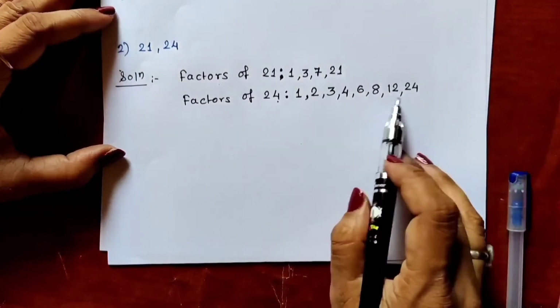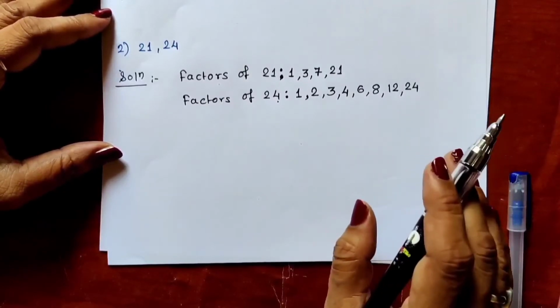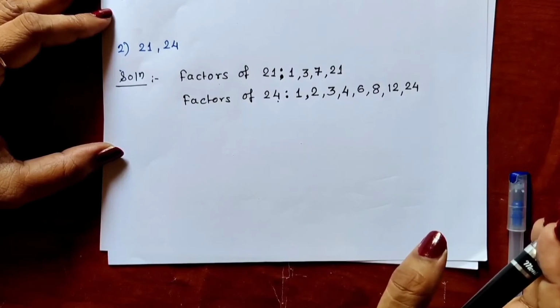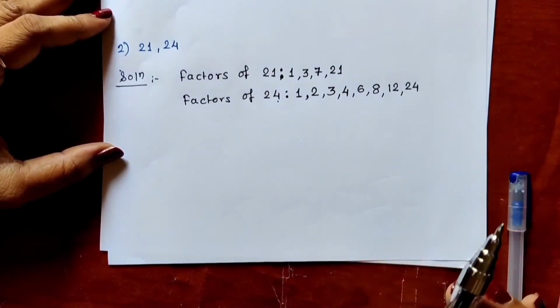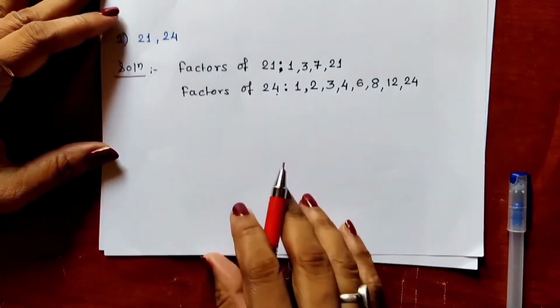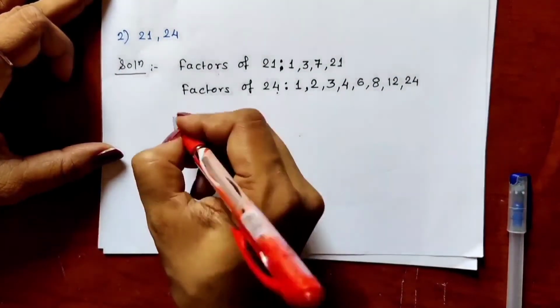In between 12 and 24, it is not divisible by any other number. 13, 14, 15, 16, 17, 18, 19, 20, 21, 22, 23. Directly it is divisible by 24. Okay. Now we have to write the common factors of 21 and 24.